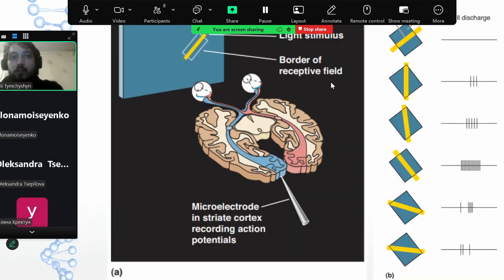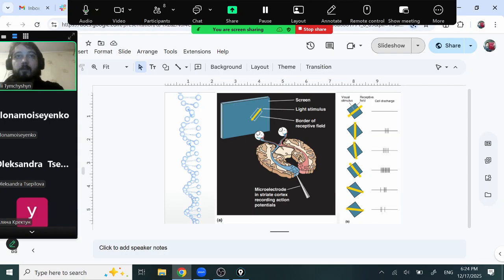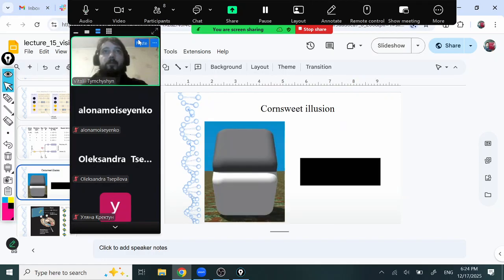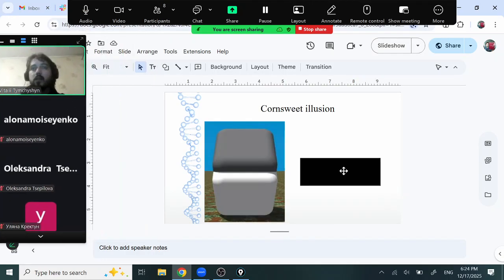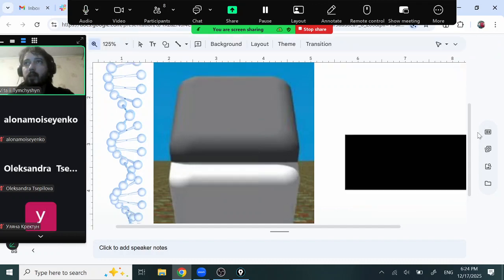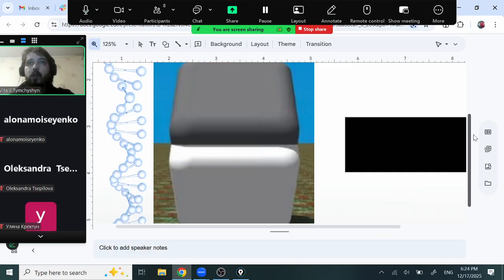But if I do something like, let me return to this slide. Something like this. So here is our image. Can I make it a bit bigger? No. Maybe this way.